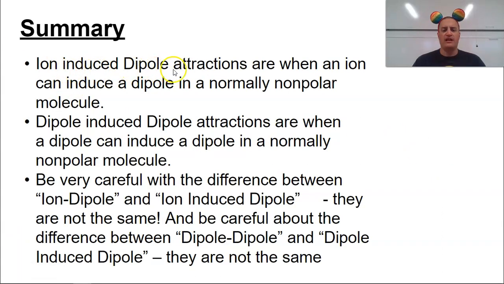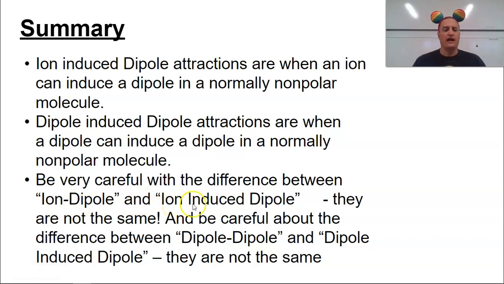So ion-induced dipole attractions. That's when you have an ion and a nonpolar molecule. It makes it slightly polar. Dipole-induced dipole is when you have a dipole inducing a dipole in a nonpolar molecule. So these are very similar. One has an ion, one has a dipole, and the other is nonpolar.